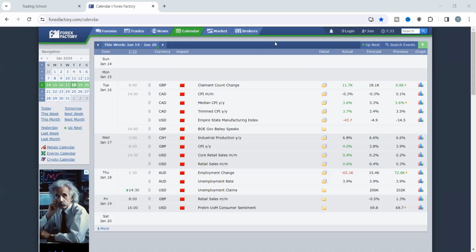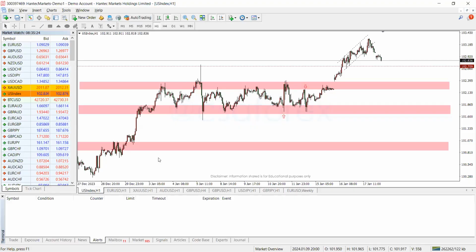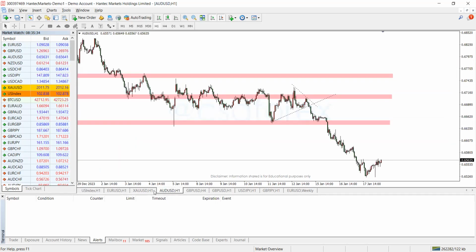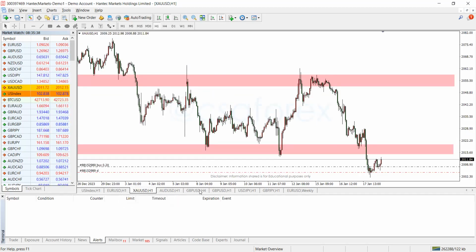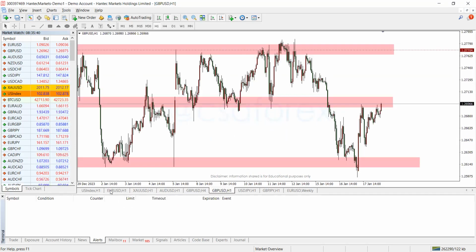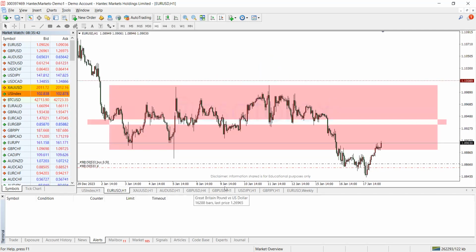Yes, so as we are going to be talking about the market, we always say the first thing to do is to check the calendar, right, before you cross over to your charts. And of course, as usual, we're going to be discussing everything that has to do with the dollar, from the major currency pairs, where we have the Australian USD, the gold XAU USD, the cable, the fiber, and a whole lot of instruments out there, right?